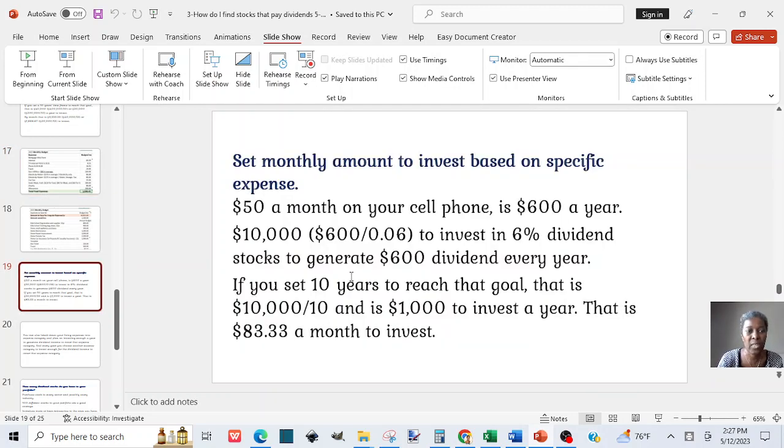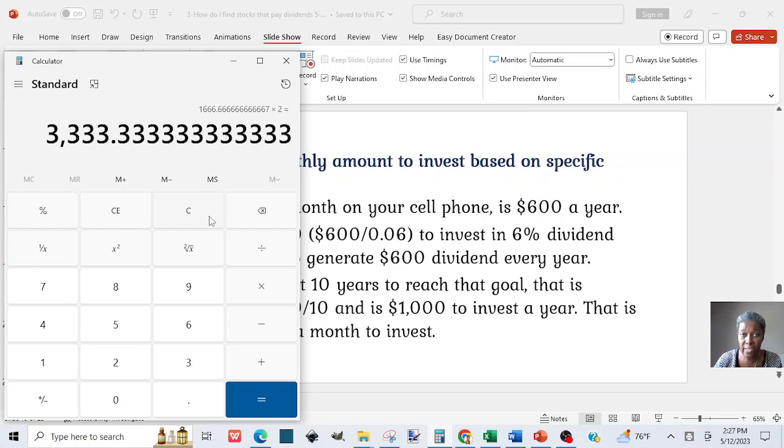We are going to say $17, and at 6%, how much you need to invest, because if you are going by specific categories, you can say, okay, so I use cell phone, I use internet, a company needs to be paying that for me. So what company should I invest in for the dividend, to pay for my cell phone bill, or to pay for my internet, or to pay for my cereal in the morning, or to pay for my breakfast, or to pay for my lunch, or to pay for my dinner, or to pay for my travel?